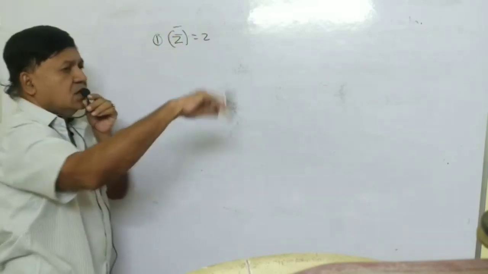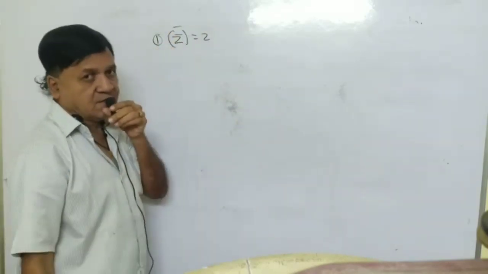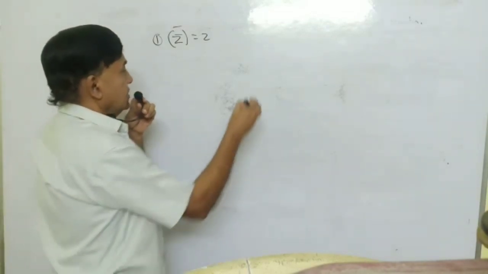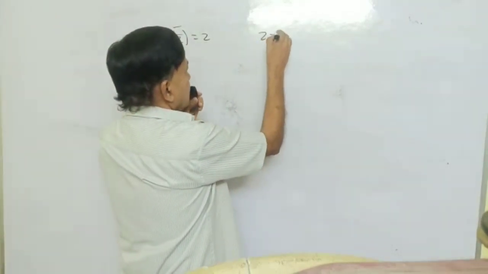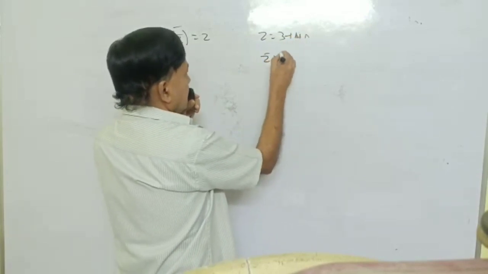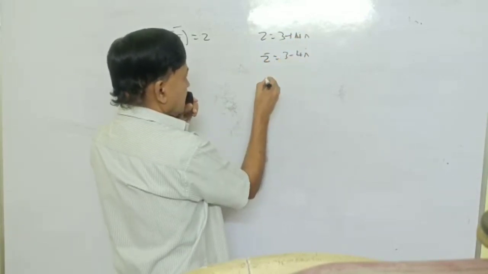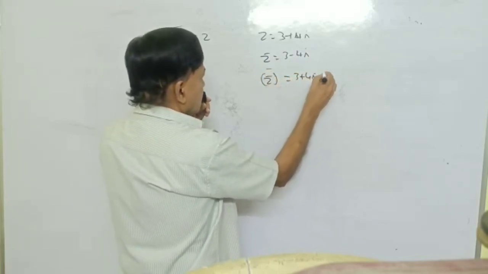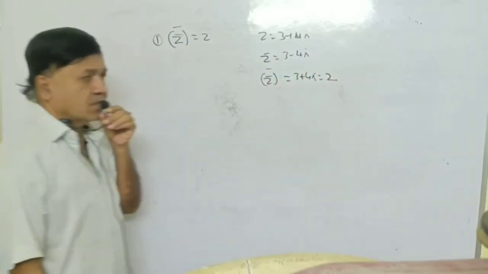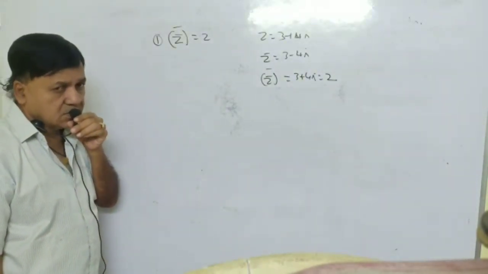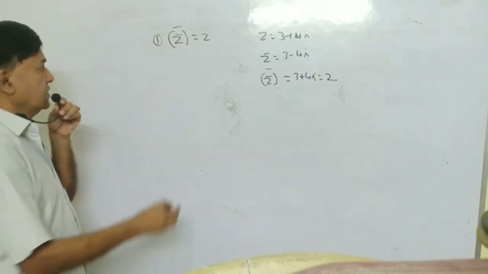See, conjugate of conjugate is itself. Suppose z is equal to 3 plus 4i. Z bar is 3 minus 4i. The conjugate of this is nothing but z itself. So z bar bar is equal to z itself.